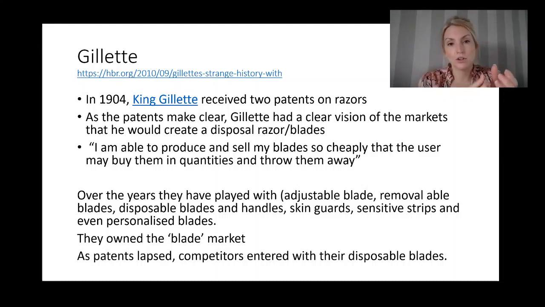And also the razor could be slightly adjusted, so it could tilt at an angle to make ease of use. He owned that blade market, but you've got to think that a patent doesn't last forever. So when that patent lapsed, on arrived his competitors.